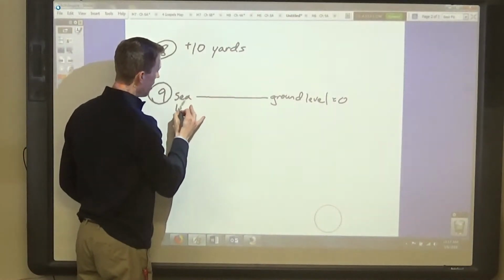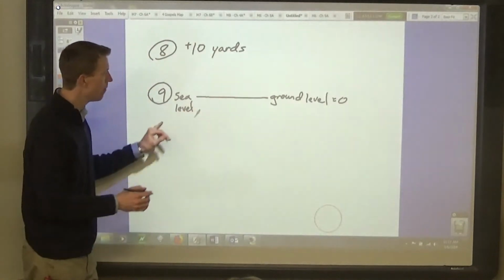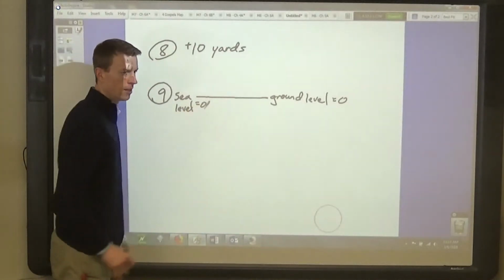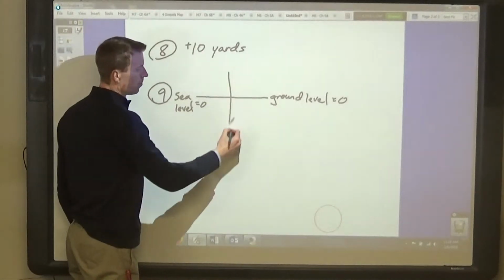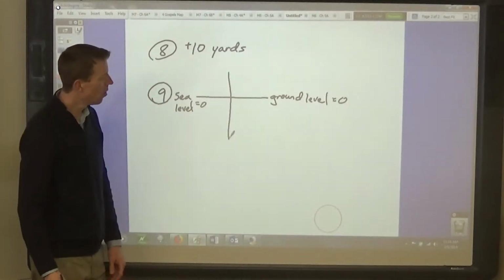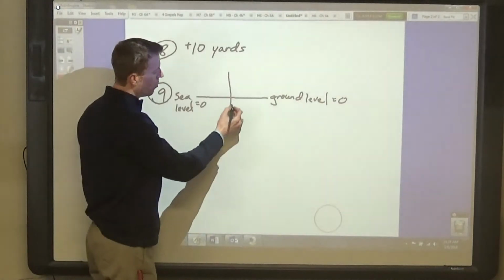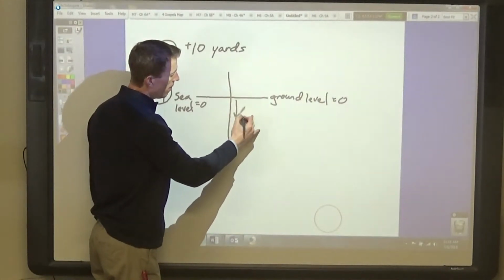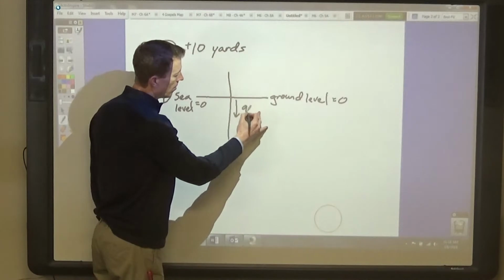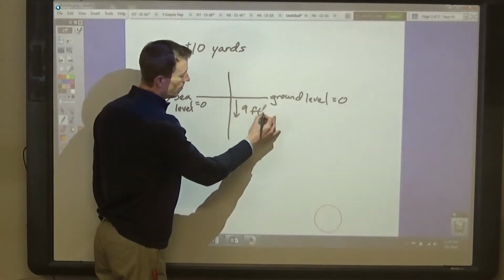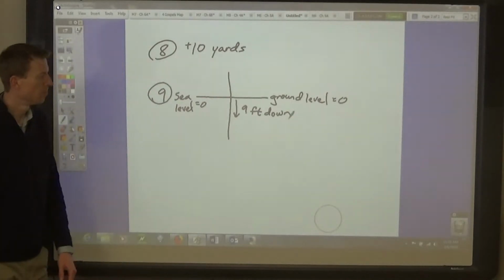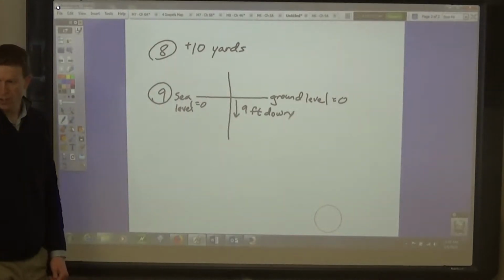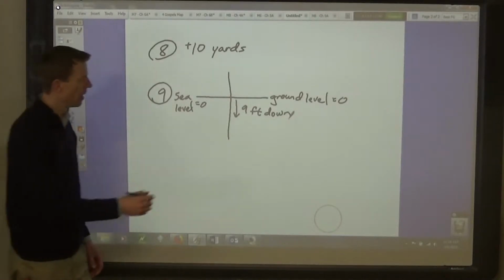So if you are talking about sea level, you're talking about the number 0 on a number line. Okay? So, if you go 9 feet down, how do you write that as an integer? Negative 9.